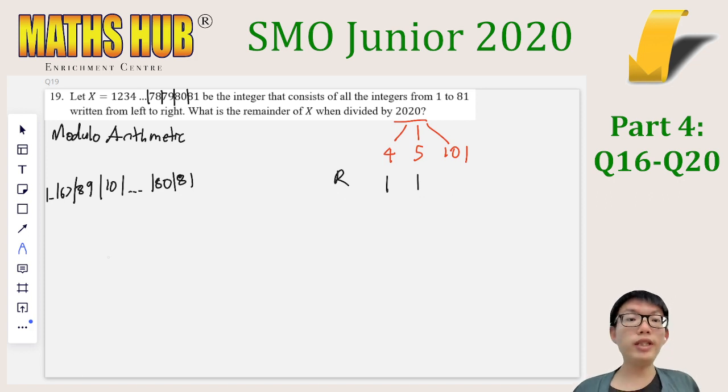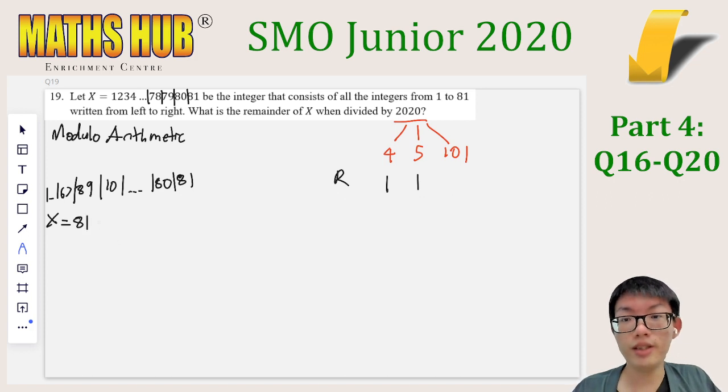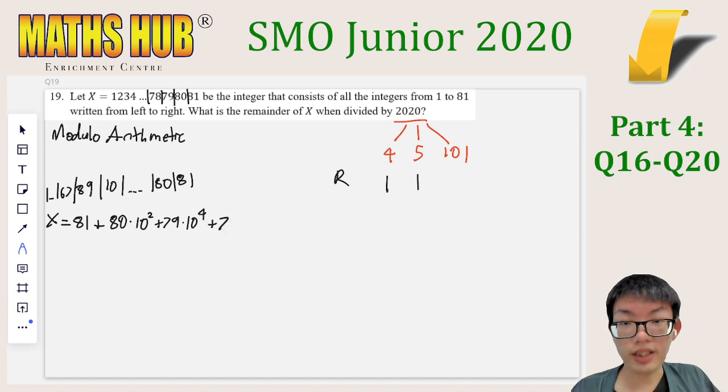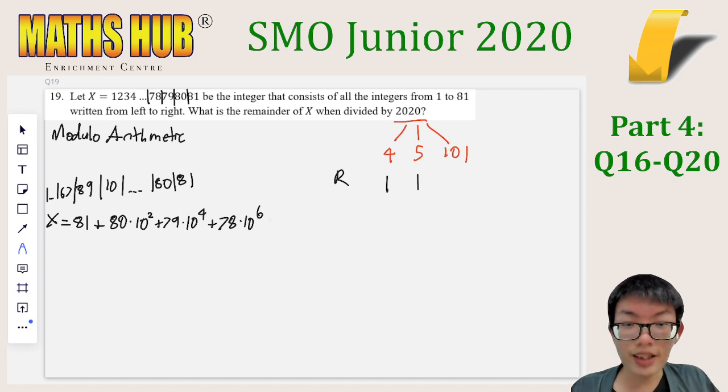Now I'm going to split this up like this, and then I'm going to write it in a rather unusual looking way that maybe looks a little counterproductive. So I'll say x equals 81 plus 80 times 10 squared plus 79 times 10 to the 4 plus 78 times 10 to the 6. So it's like place values, except that now I'm taking the digits 2 at a time. And so on until 10.